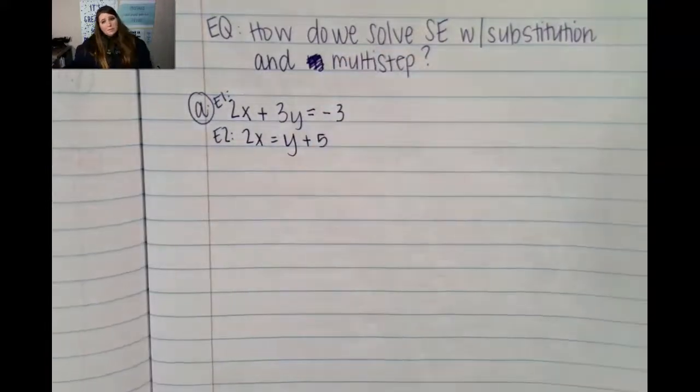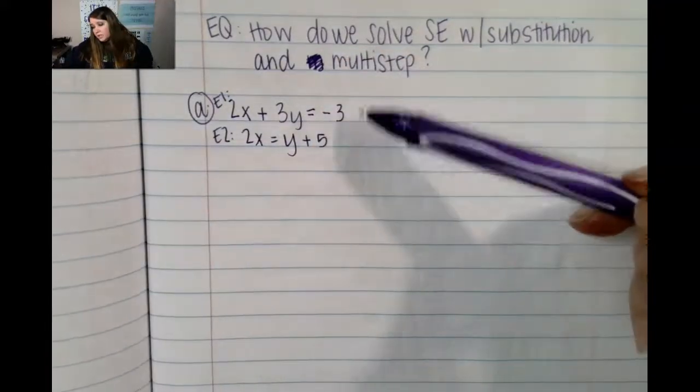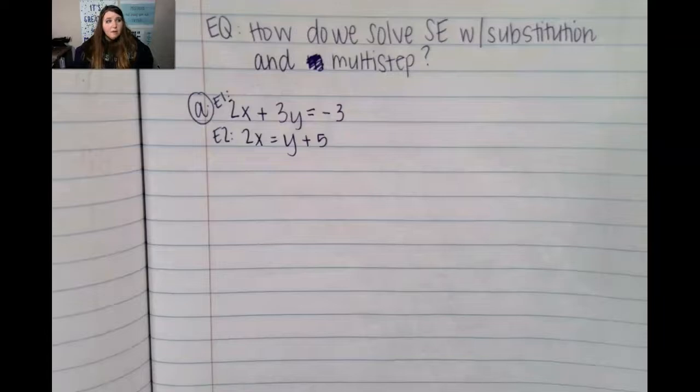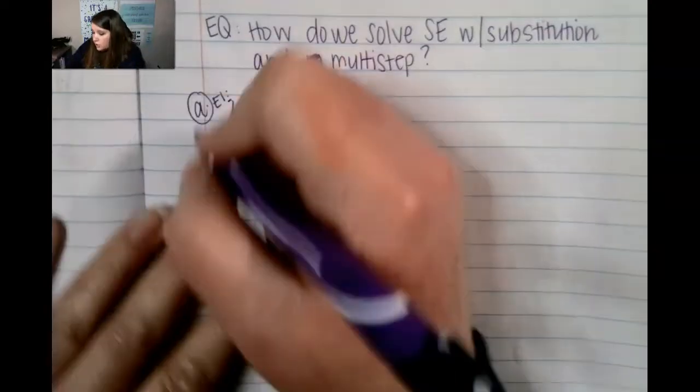So when you look at this, you have two equations, and neither of them says equals x or equals y. So our job is to figure out what it equals, or solve for a y value. So we can start with equation 2.